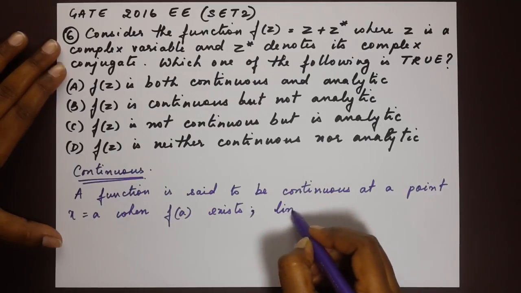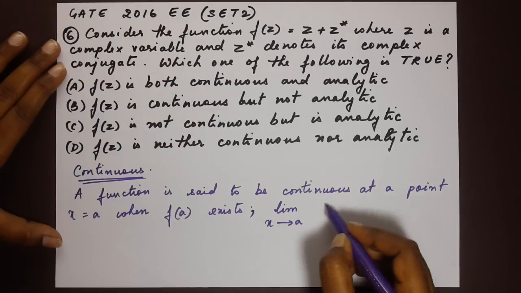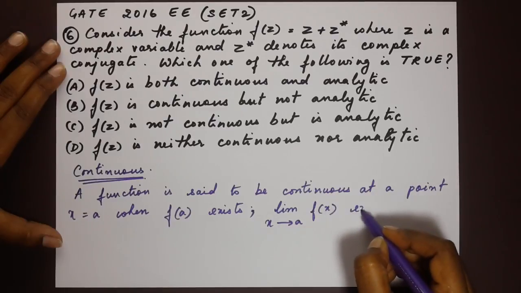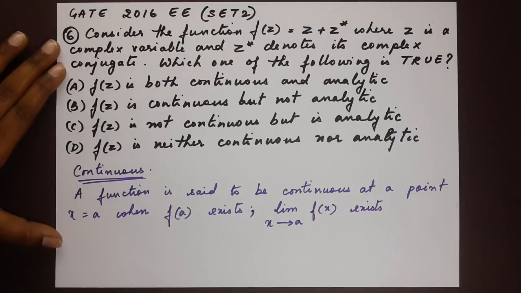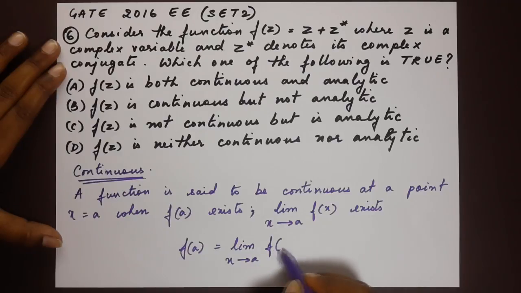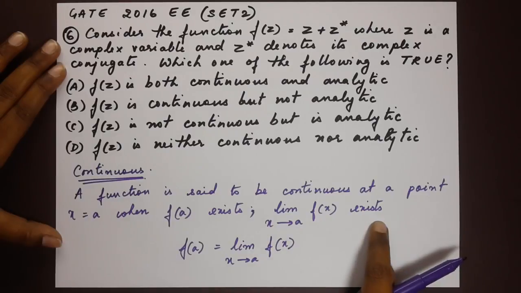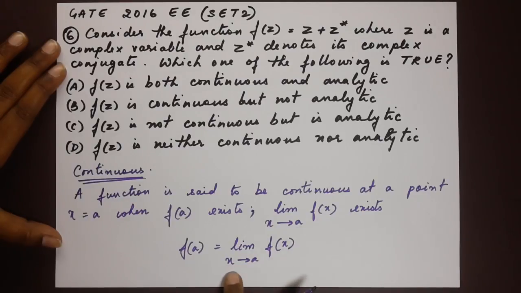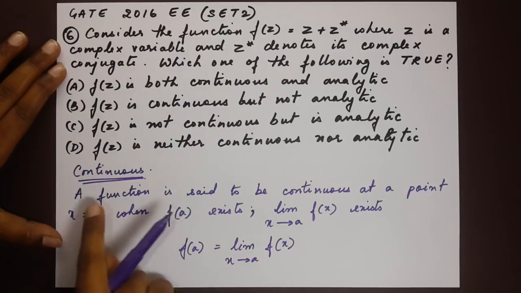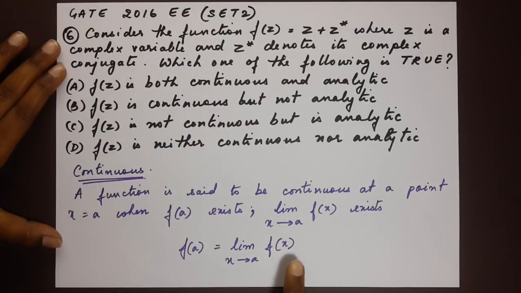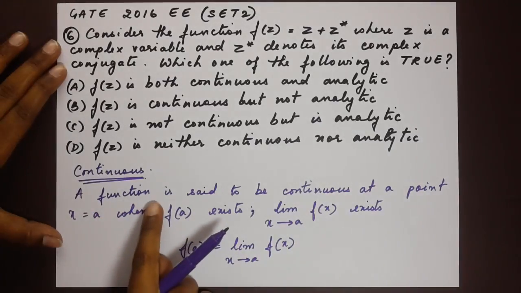Then limit x tends to a, f of x exists. Now these are the 2 basic conditions. We also have a third condition which says that f of a should be equal to limit x tends to a, f of x. Generally, if limit x tends to a, f of x exists, then f of a would equal the limit of x tends to a, f of x. So if these conditions are fulfilled, then the function is known to be continuous.